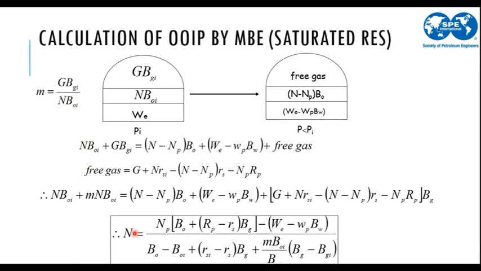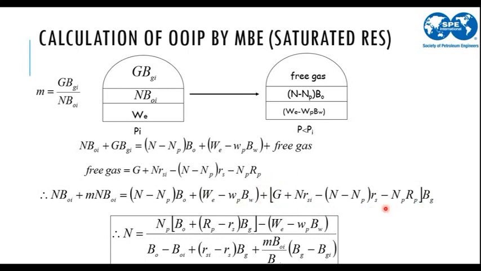So we can substitute for G, or simply, if we have G beta Gi, we can substitute for this term with m N beta Oi, as written here, equal to the same thing: N minus Np multiplied by beta O. This is the oil that remains at the reservoir condition, plus WE minus Wp beta W. This is the water that remains at the reservoir condition, plus all of these terms are the free gas at the reservoir condition.